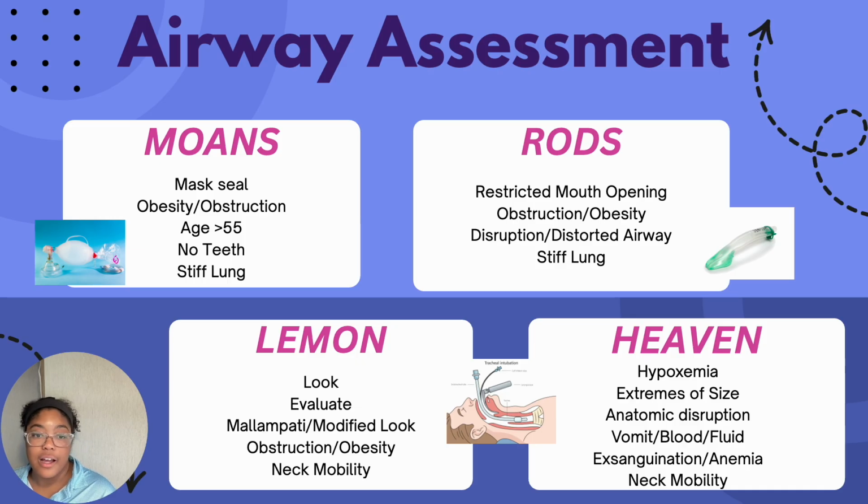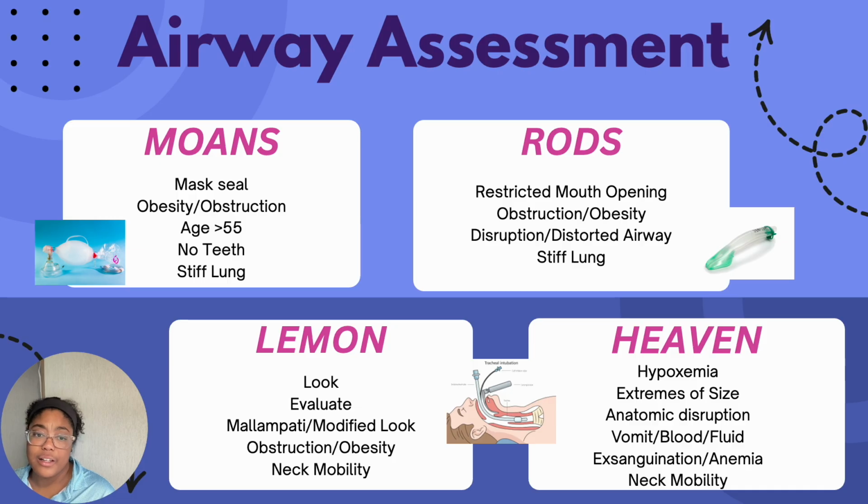So things like peri-intubation hypotension or hypoxemia. These can be correlated with peri-intubation cardiorespiratory arrest. So evaluating these things beforehand can give you a good idea as to whether or not this is going to be a difficult intubation.